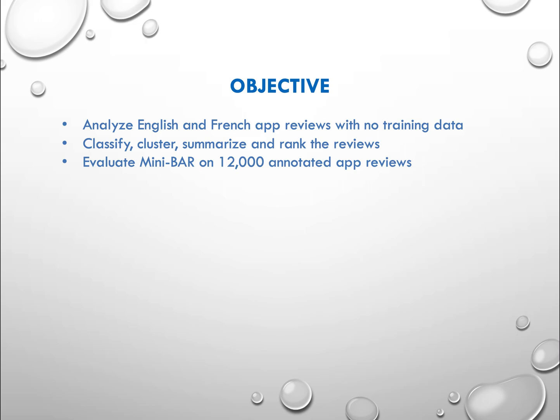Their tool, Minibar, provides capabilities for classifying user reviews into feature requests, bug reports, and irrelevant, clustering similar issues and requests submitted by users, generating summaries of the clusters, and prioritizing which clusters should be tackled first by the development teams based on severity. They created a dataset of 12,000 app reviews, evenly split into English and French, from three fitness apps, which were manually annotated to establish ground truth for evaluation.